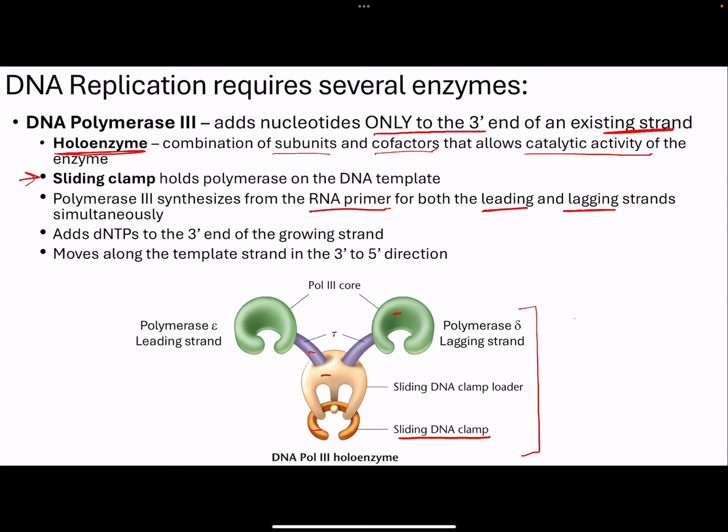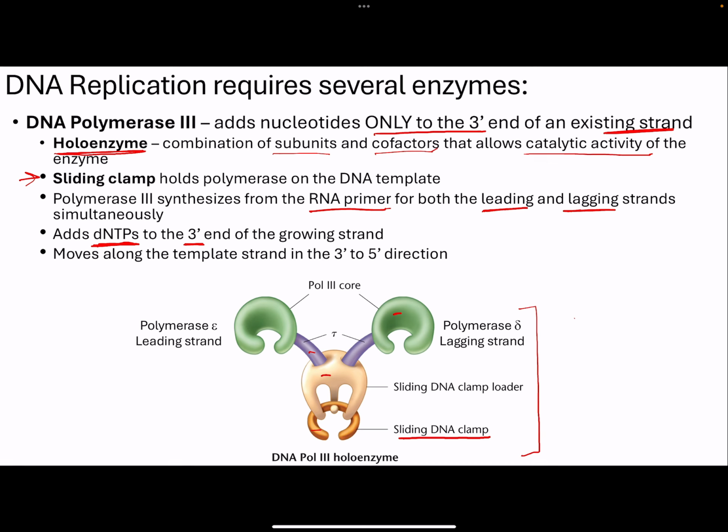Okay. So I'll say this a lot because it's important to remember and really easy to get confused. These new DNA nucleotides, dNTPs, are going to be added to the 3' end of the growing strand.